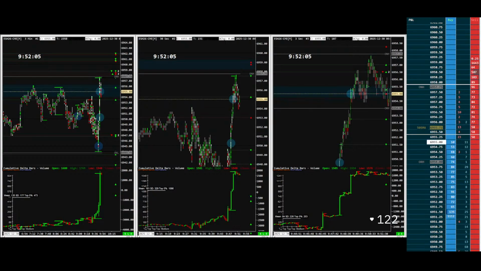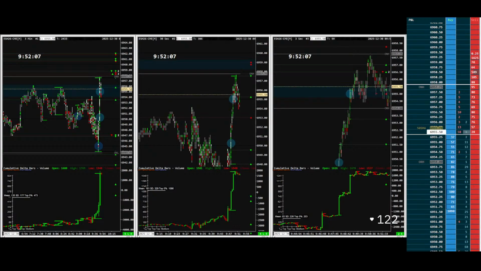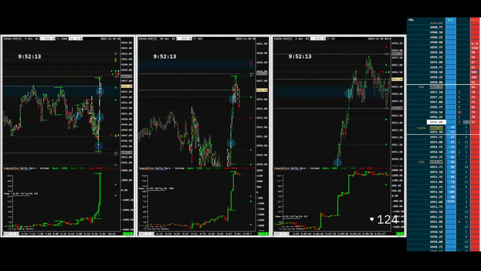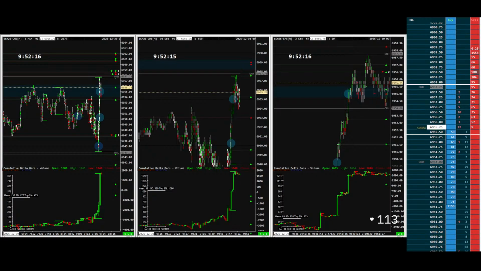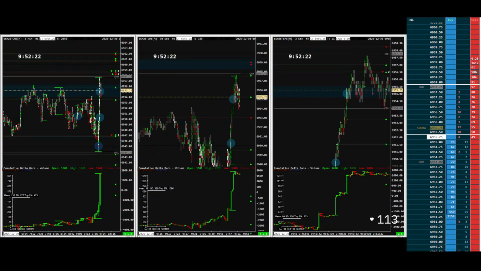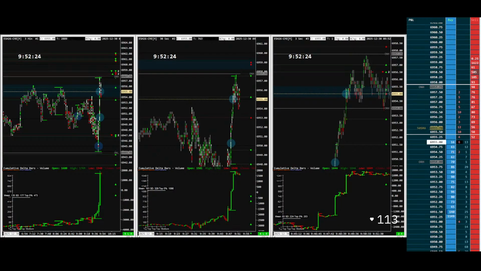That was technically a fade. It kind of went against maybe 2, and then it would work for about 4. Did it overshoot?